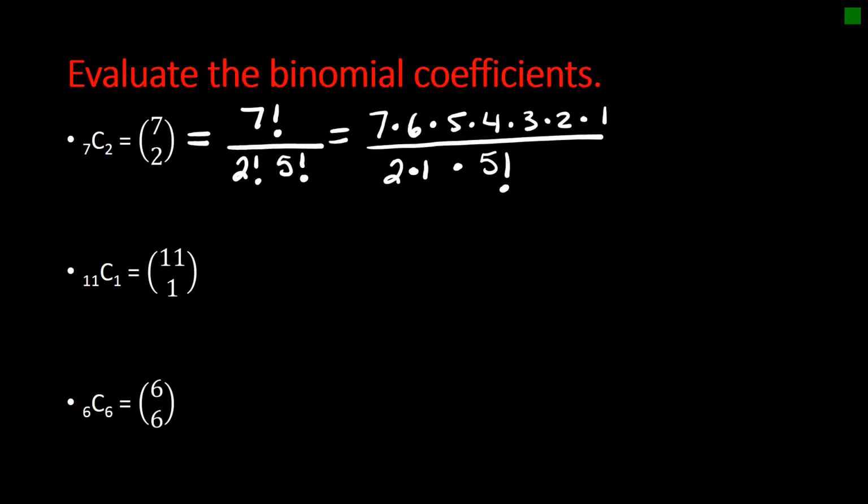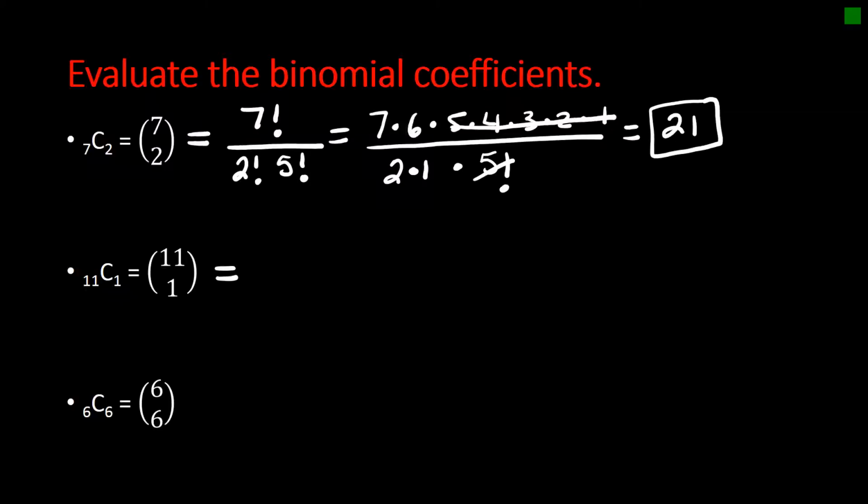Well, 5 factorial is 5 times 4 times 3 times 2 times 1. So you can cancel that out with 5 factorial. So you have 42 divided by 2, which is 21. So you can see there is an advantage to knowing how to work these buttons on your calculator.